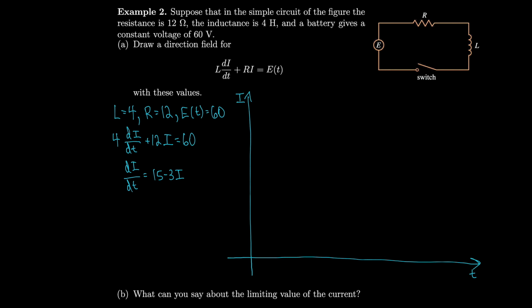If we look at 15 minus 3i, you can see right off the bat by inspection that if i is equal to 5, then the slope is 0 all the way through. So let me start with that.